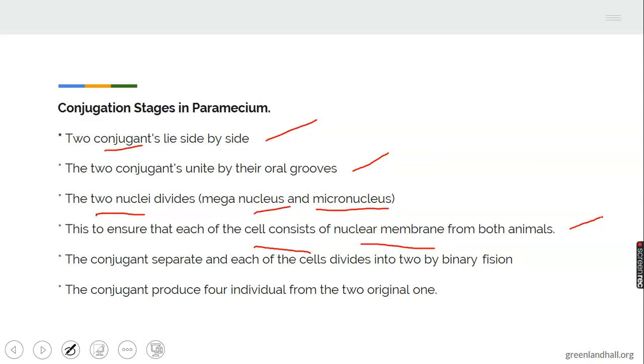The conjugates will now separate, and each cell divides into two by binary fission. They produce 4 individuals from 2 original ones. That's after the division of these 2 organisms that come together, at the end, 4 are produced.